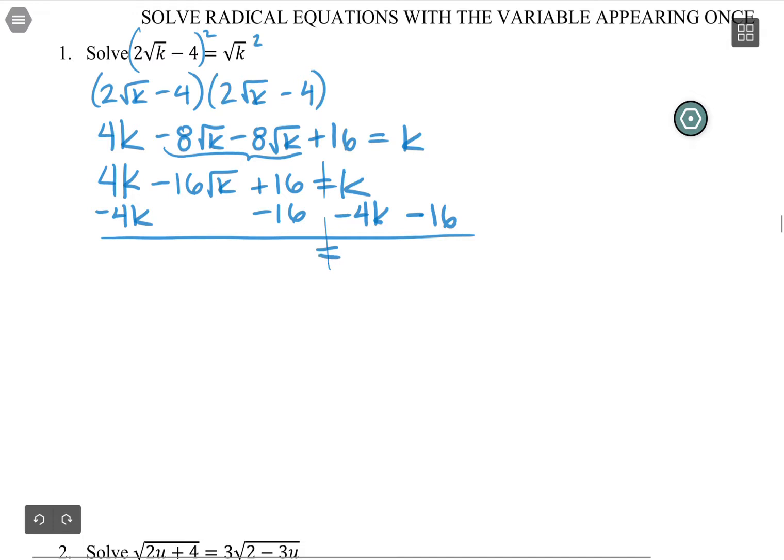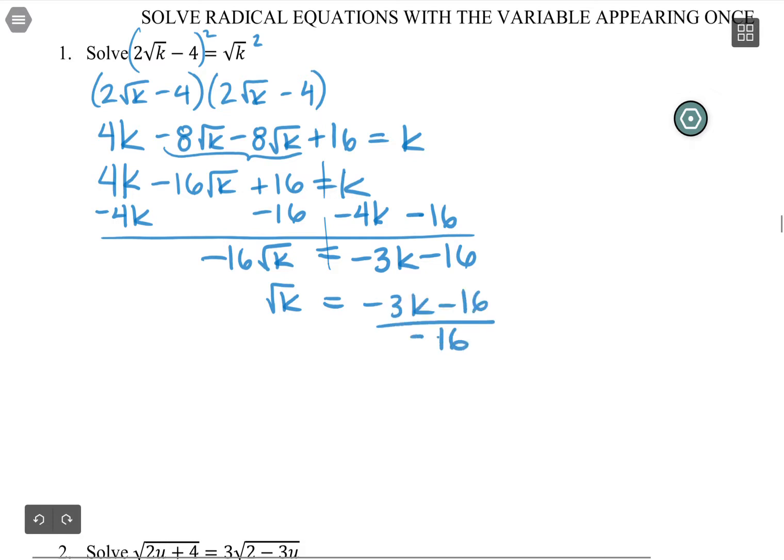Okay, so I have negative 16 root k left on this side, and I have negative 3k minus 16. Oh, I am going to get stuck. Okay, so let me just show you so that you can see it as well. Let's divide everything by negative 16, so the root k really is by itself.